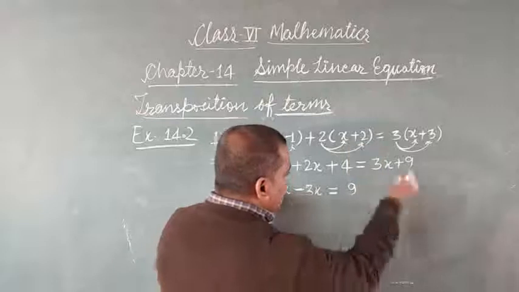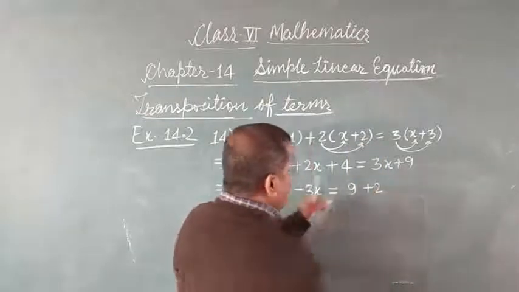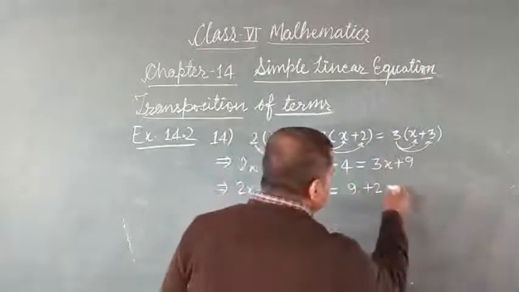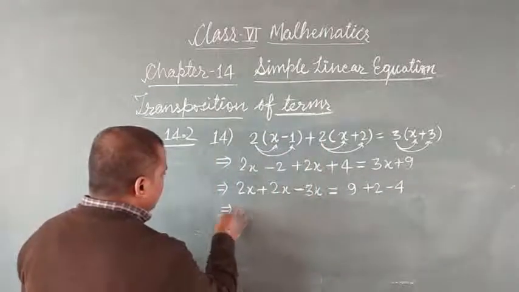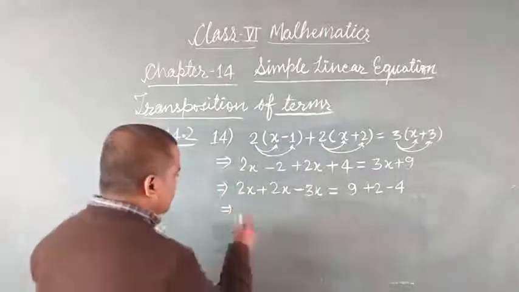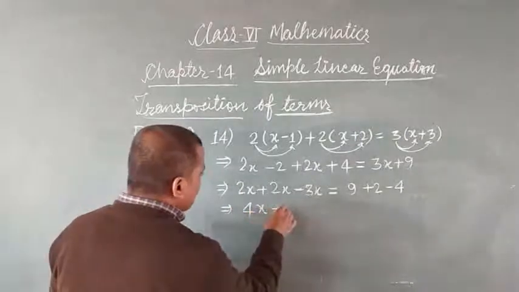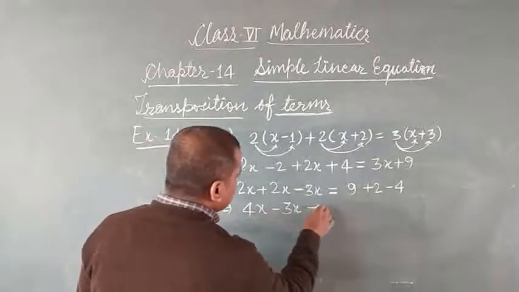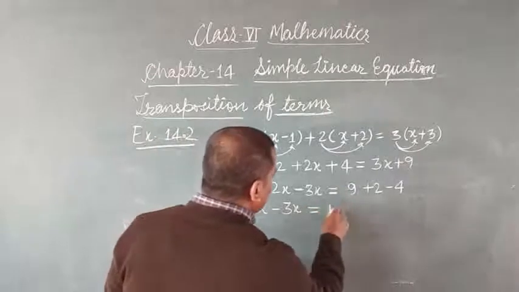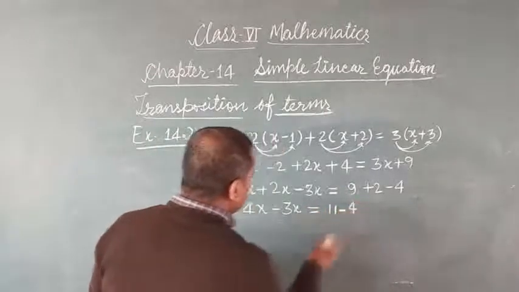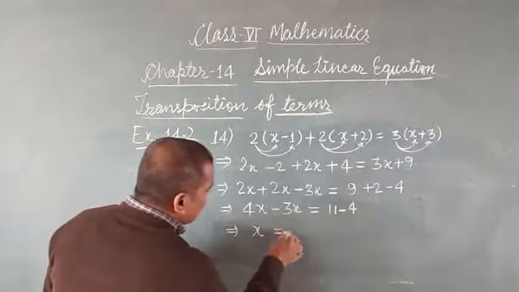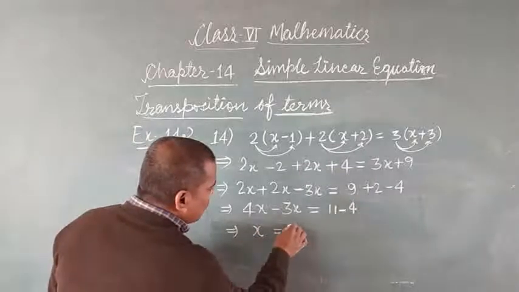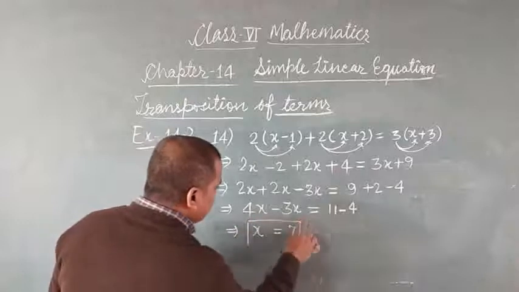Minus 2 will go to the right side. It will become plus 2. And plus 4 goes to the right side. It will become minus 4. Now 2x plus 2x, 4x minus 3x, 9 plus 2, 11 minus 4. So here it will be x is equal to 7. Answer.